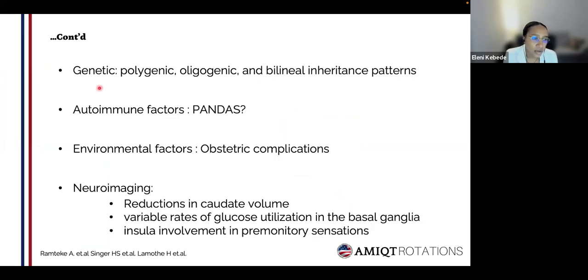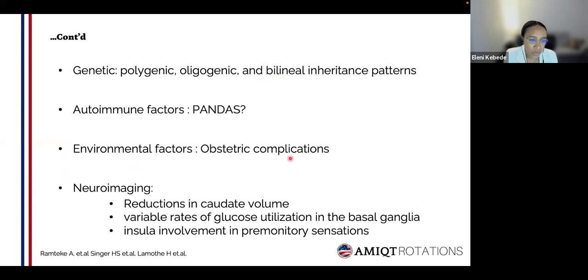So the genetic component is very strong. In some studies, about 92% of Tourette's is associated with genetics. The common inheritance patterns presented currently are polygenic, oligogenic, or bilineal inheritance, which means from both parents. We also have some studies suggesting autoimmune association, specifically with PANDAS, and environmental factors.